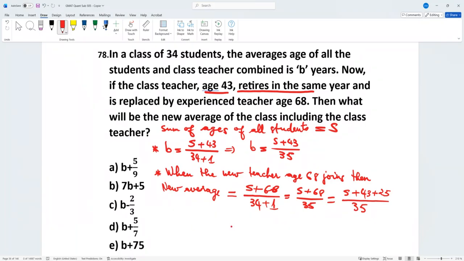And then when we have this, we're going to have S plus 43 over 35 plus 25 over 35. It's the same thing.